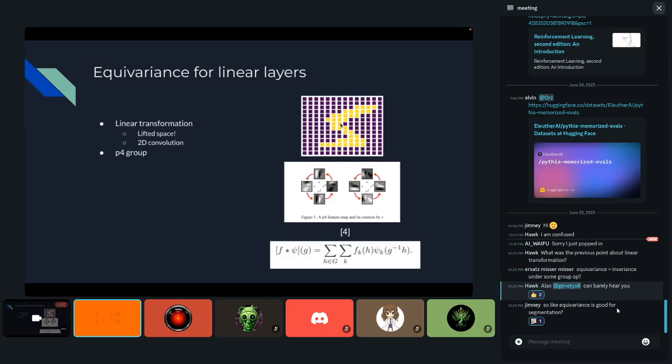Phi(k) is the value of the kernel at, say, this pixel, and h is this pixel. And we find this pixel by applying the inverse of our original group element. So we first translate back here, and then we multiply this by our filter element to get this pixel, and we multiply by that. So if our kernel is this group of pixels, then this just produces the 2D convolution.